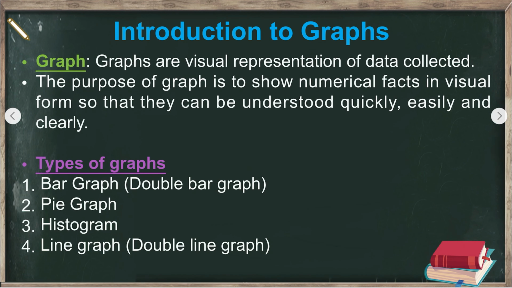First we have to understand what a graph is. A graph is a visual representation of data collected. Whatever data we collect in some experiment or observation, we represent in visual form so that it can be understood easily.